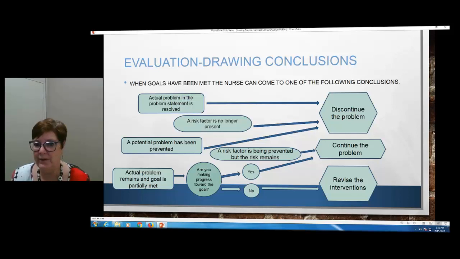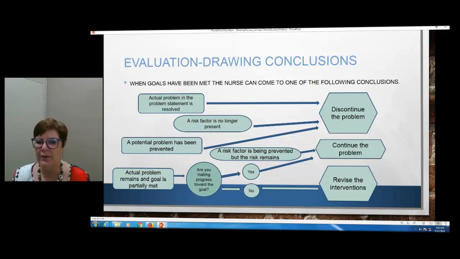They have increased the fiber in their diet. And they have switched from an opioid pain medication to, let's say, an NSAID, which is not going to be constipating. We can say that that risk factor is no longer present and we can discontinue the problem. If a potential problem has been prevented, it can be discontinued.